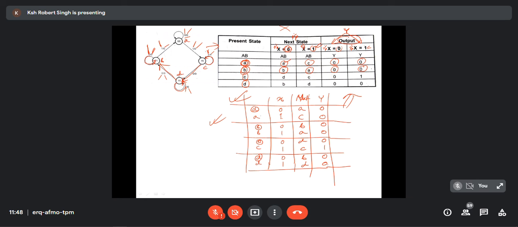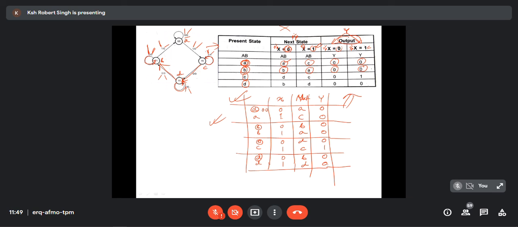Now, this is just a state. I have to represent A in a similar manner. A means 0, 0. So this table will become like 0, 0. Here it will become 0, 0. So the next table should be, because you cannot design a circuit with A, B, C and all these things.